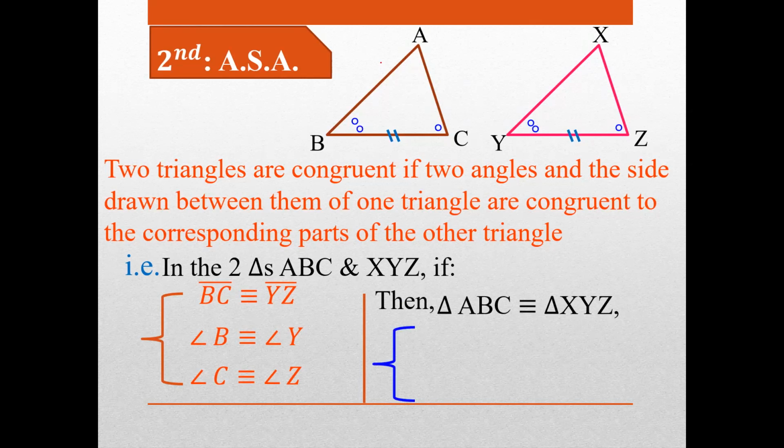And if the two triangles are congruent, then what? Then the six elements in the first triangle are congruent to the corresponding parts in the second triangle. Then we can say that angle A equals angle X, XZ is congruent to AC, and XY is congruent to AB.